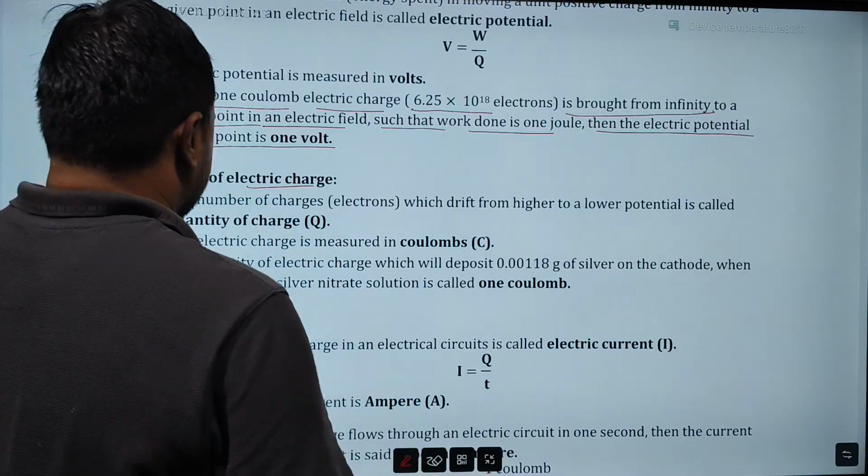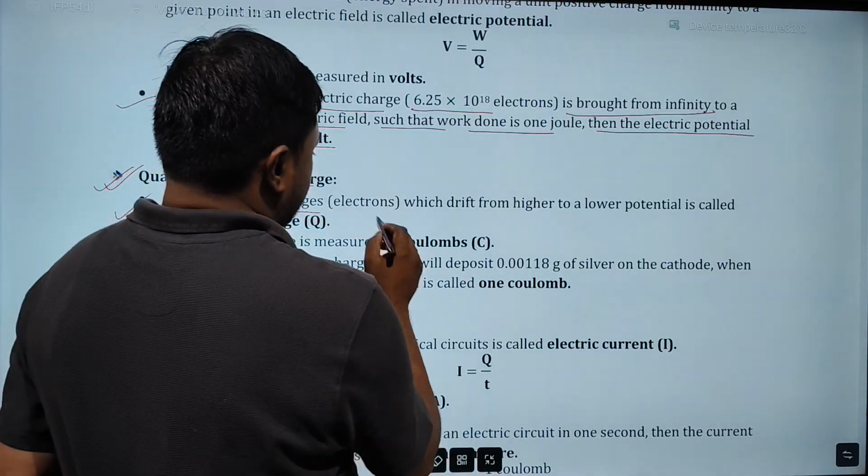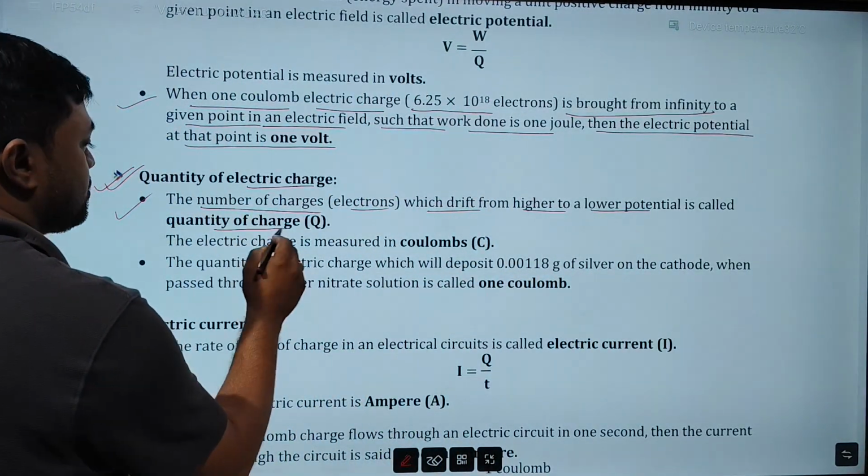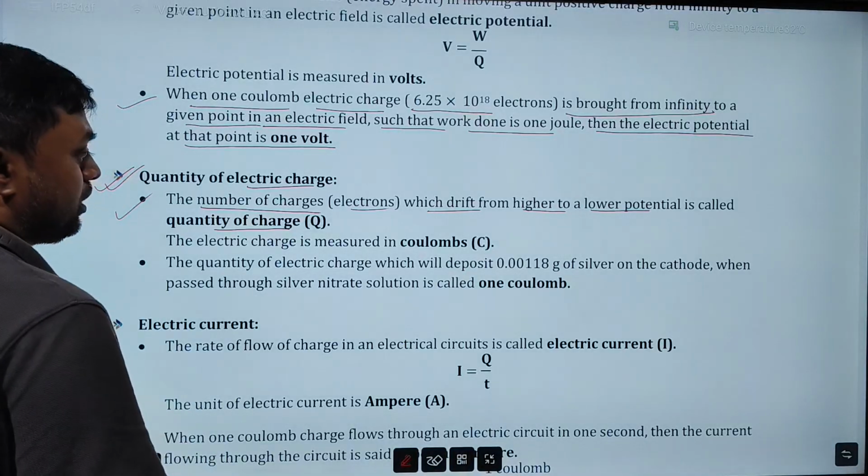Quantity of electric charge, try to understand. The number of charges, that is electrons, which drift from higher to lower potential is called quantity of charge. So charge SI unit is what? Coulombs.